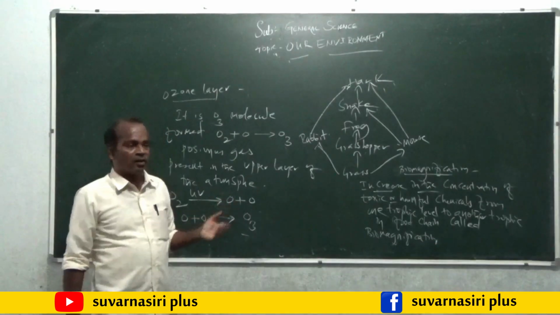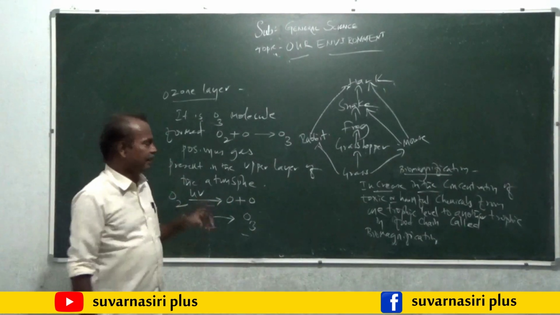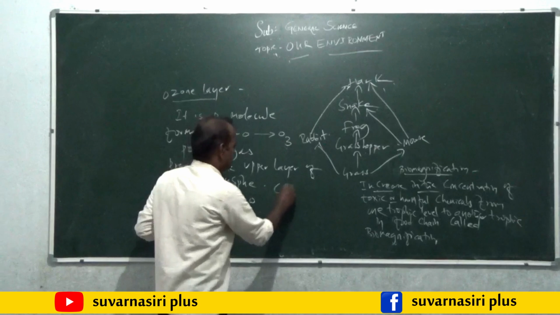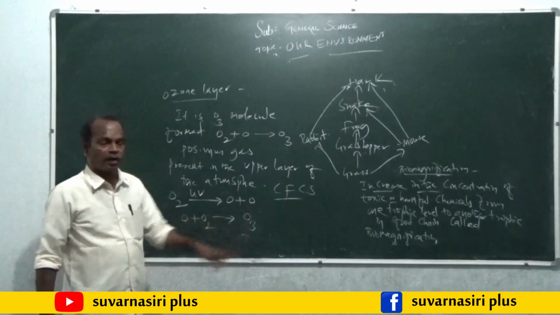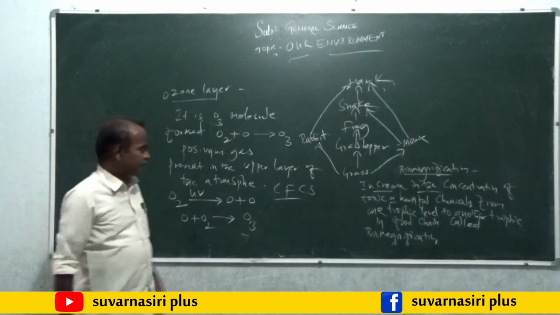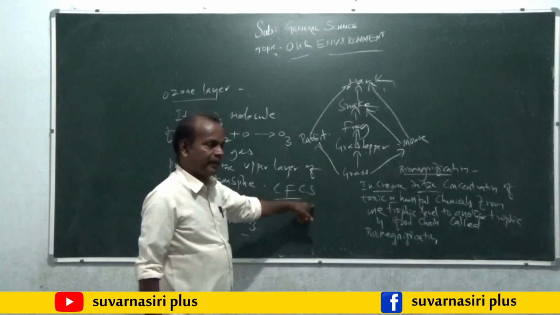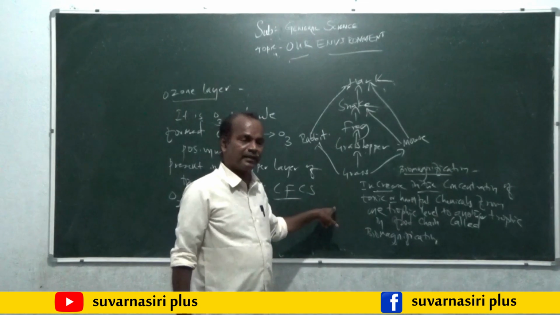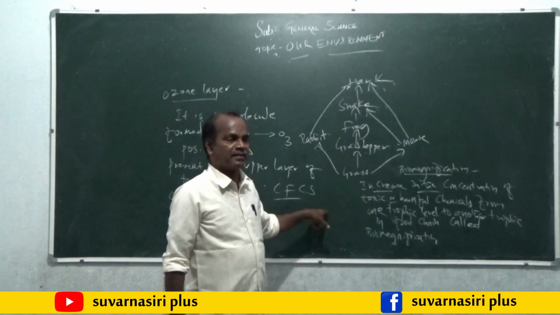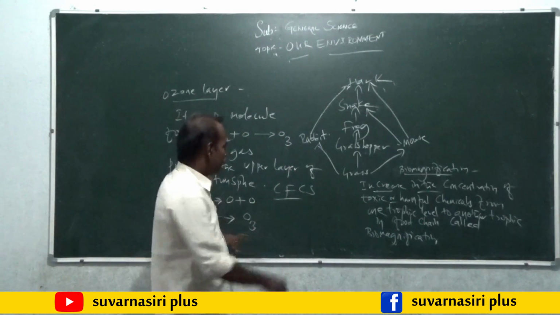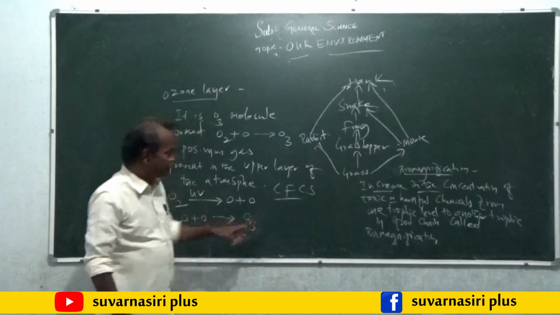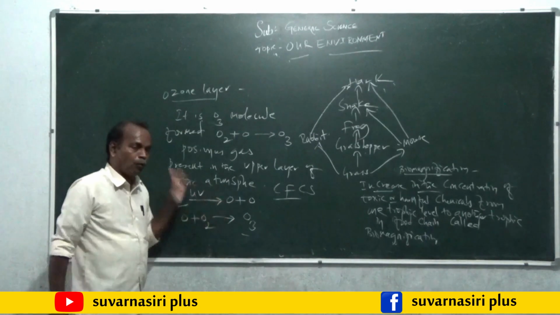The main cause for the depletion of ozone is CFCs, known as chlorofluorocarbons. And these CFCs are extensively used in refrigerators, fire extinguishers, aerosol sprays, etc. So this is the main element that depletes the ozone.